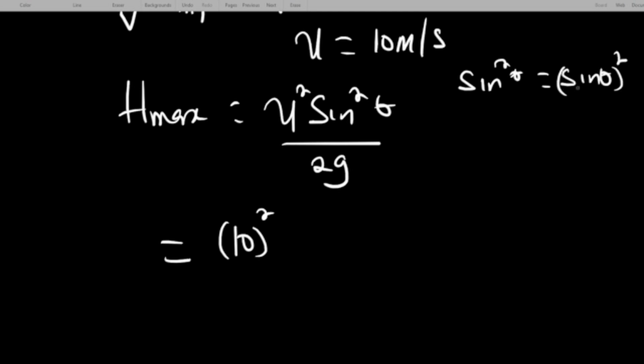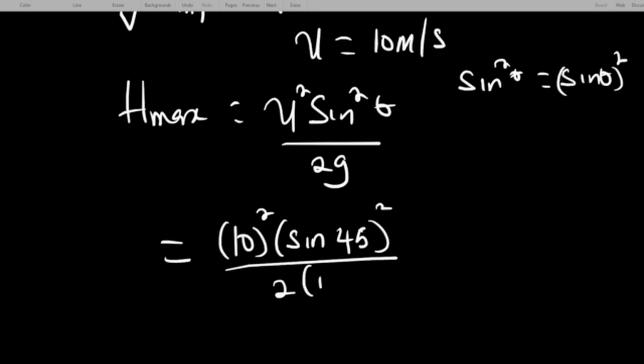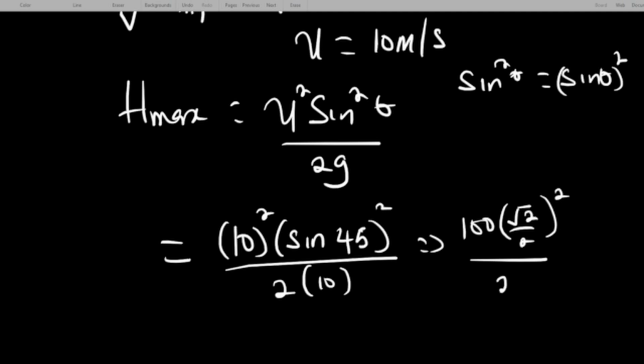Okay, so first you evaluate the trig function and then you square the result. So this now becomes sine, our theta is 45, so we have sine 45 all squared, and this is over 2 multiplied by 10. 10 squared is 100. Sine 45 is root 2 over 2. Okay, and then we square everything. This is over 2 times 10 is 20.